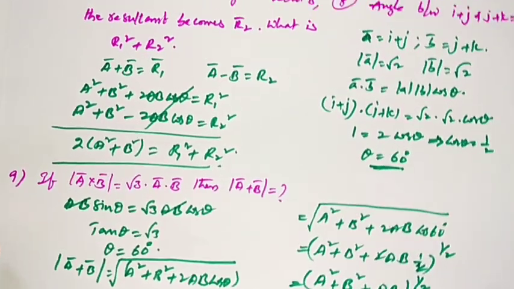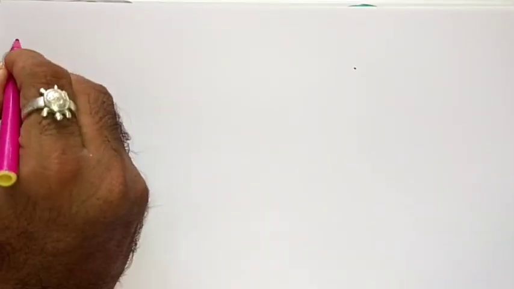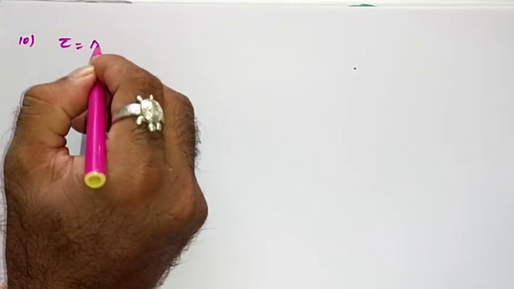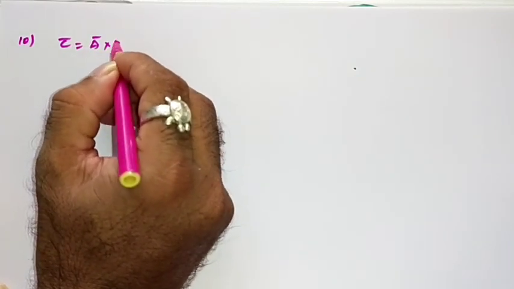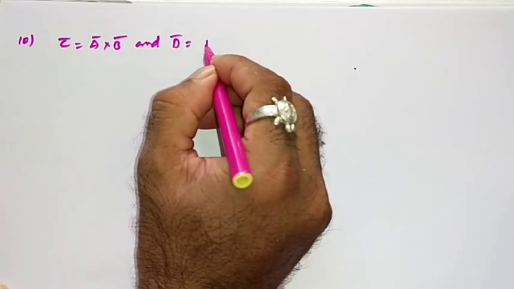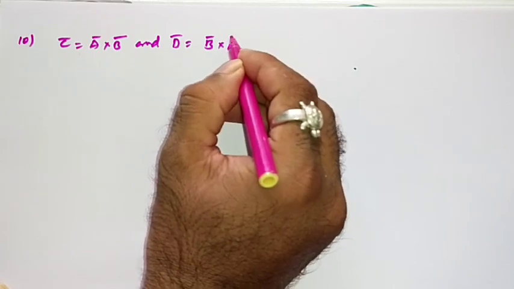Right? Next, let us see the next problem. These are the problems given in previous different competitive examinations. I have collected these problems. Okay, so next, C bar is equal to A bar cross B bar and D bar is equal to B bar cross A bar.